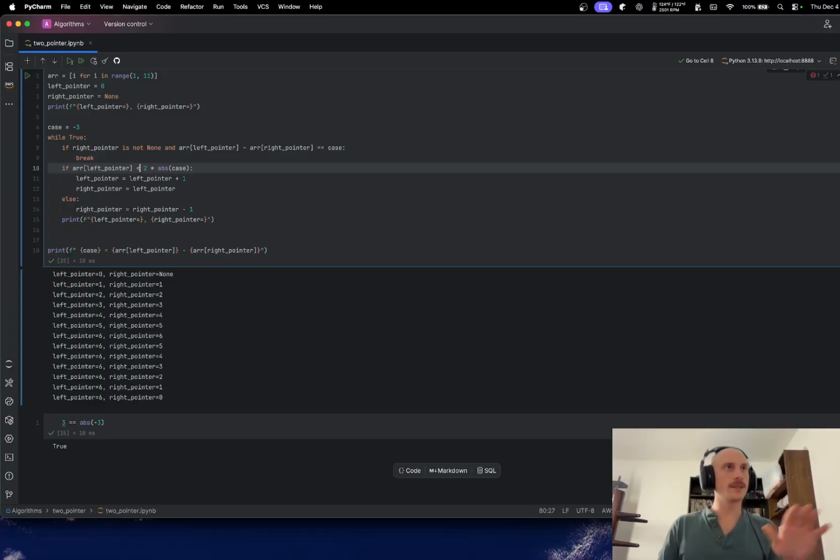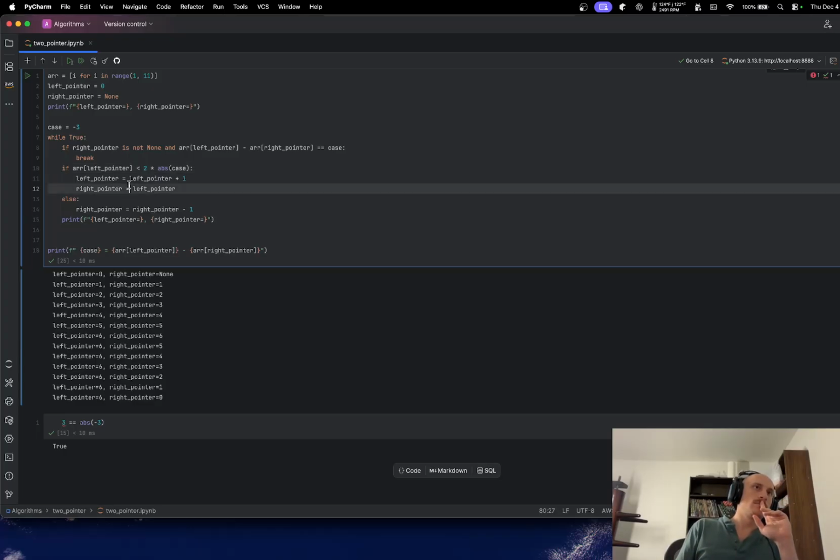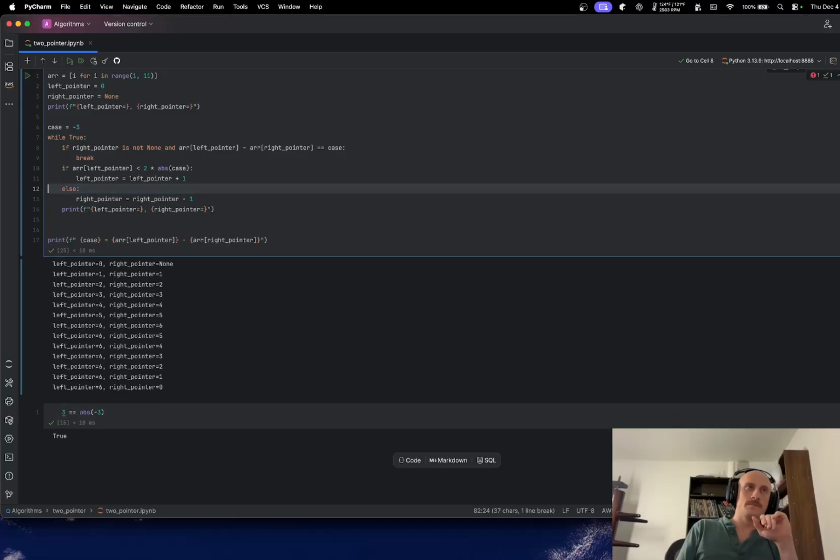let's say less than. So we have array or left pointer is less than 6. Because it needs to stop. I don't want that left pointer to move anymore. At that point in time, then I'm looking for my next case.